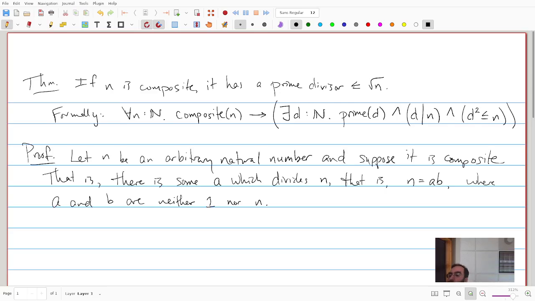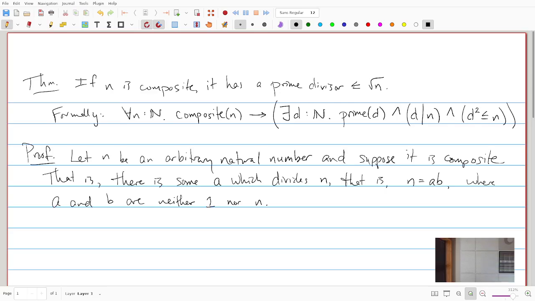Okay? So now, we're trying to prove this. We're trying to find some D that has all those properties.